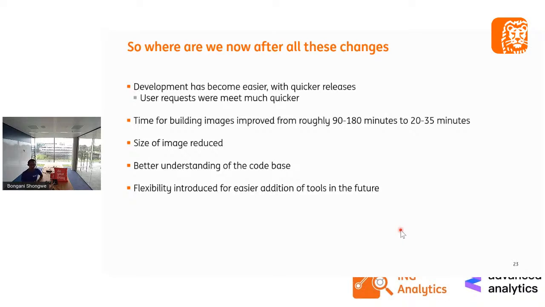So our builds went from 90 to 180 minutes down to 20 to 35 minutes. The size of our images was also reduced drastically, and we have a better understanding of our code base. We also were able to introduce flexibility in order to add new tools in the future.